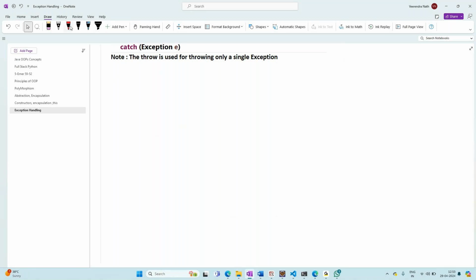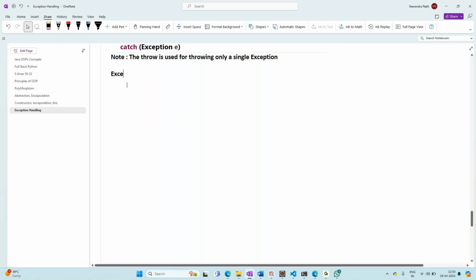And one more thing I told you: exceptions fall into two categories. One is checked exceptions and the other is unchecked exceptions.